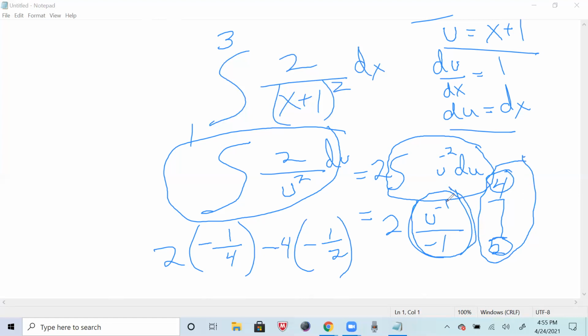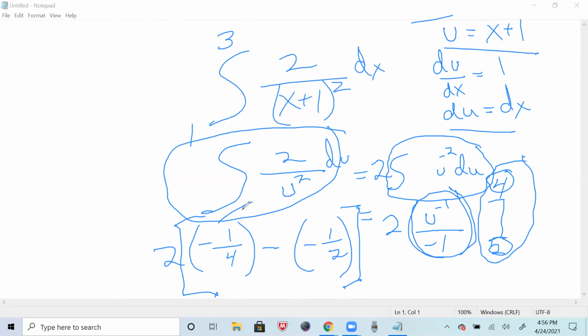So if I substitute 4 for u, what do you get? You get 1 over minus 4. In other words, you get that. And if I substitute 2 for u, I'm sorry, so you have 2, which is the constant we pulled out, times negative 1/4 minus 4 times. Good catch. I actually need, yeah, there's no 4 there. In other words, I should have written it like that. Correct?